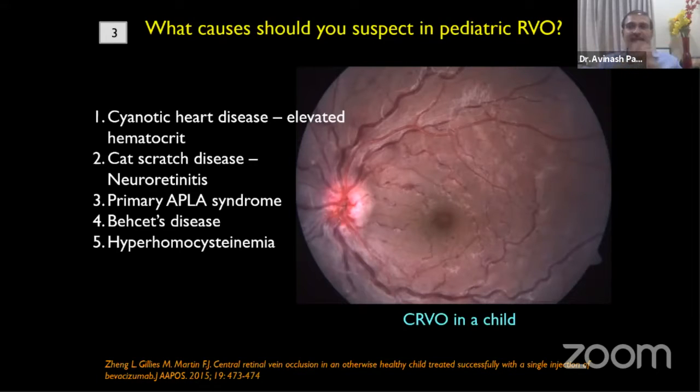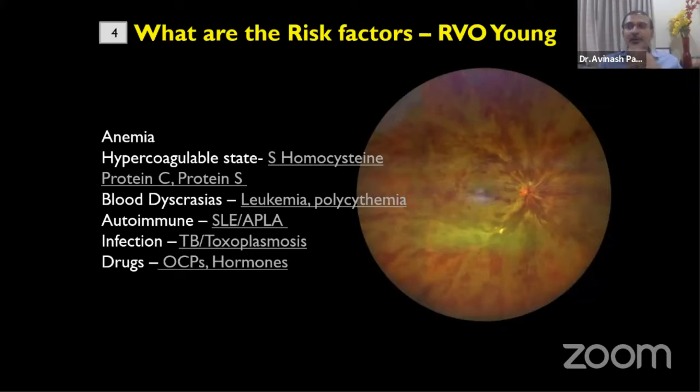Apart from that, we have inflammatory etiologies like Eales and Behçet's; though rare, children can present with Behçet's as well. Rarely you have an inflammatory or an infective etiology in that age group. But do remember, it's cyanotic heart disease with elevated hematocrit value that we have to be concerned about in the pediatric age group.